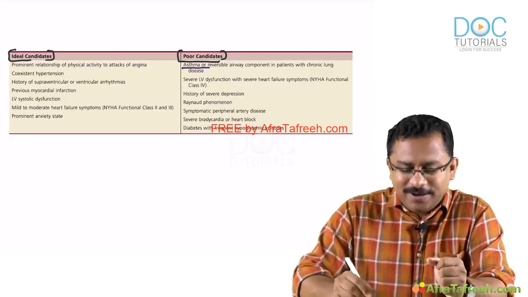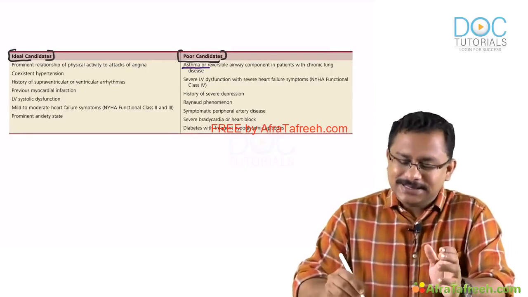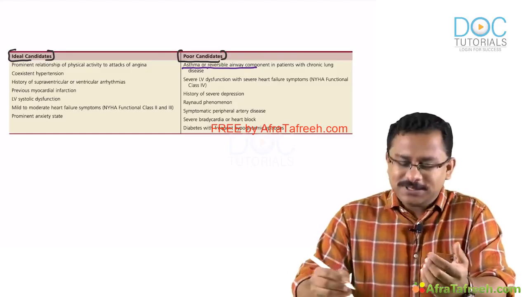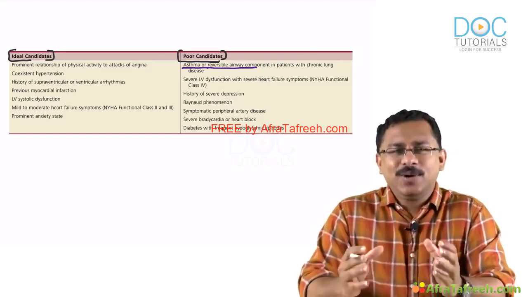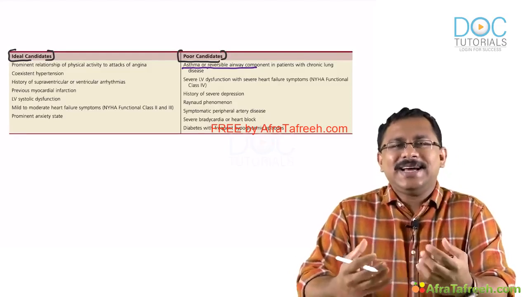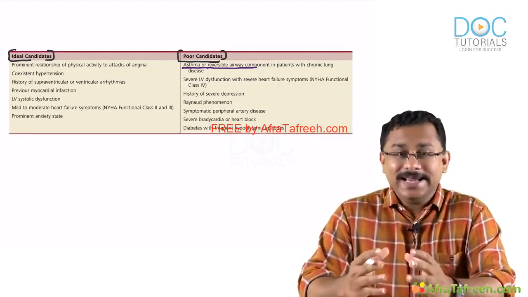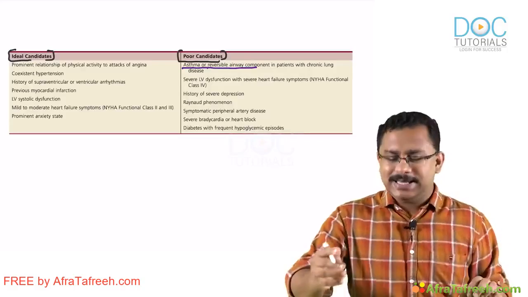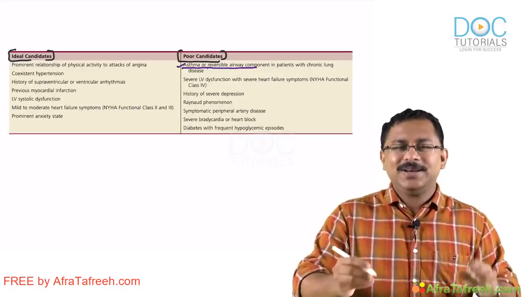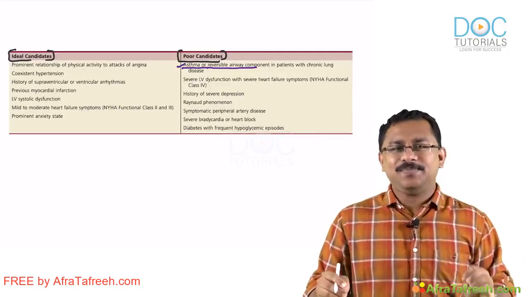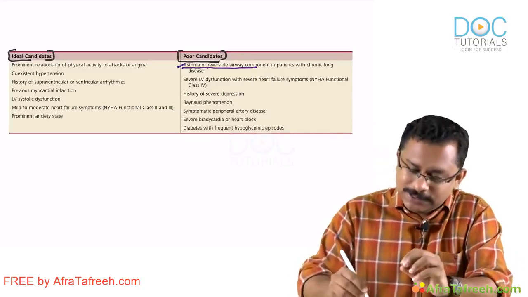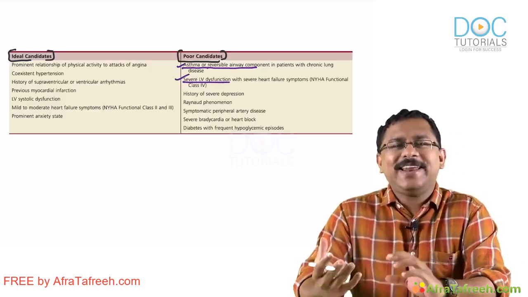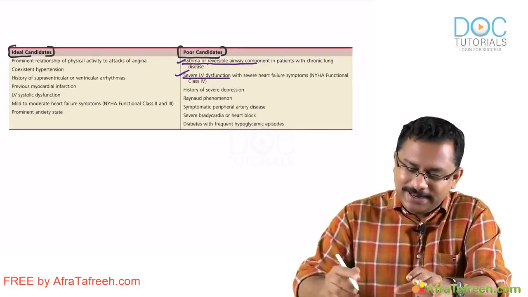Many of these you have already learned in your pharmacology lessons. If the patient is having asthma or a chronic obstructive pulmonary disease, if you give a beta blocker, there is a chance of bronchospasm. Yes, the use of beta 1 selective beta blockers would decrease this effect, meaning it is less likely to worsen the asthma. Severe LV dysfunction is also a poor candidate.